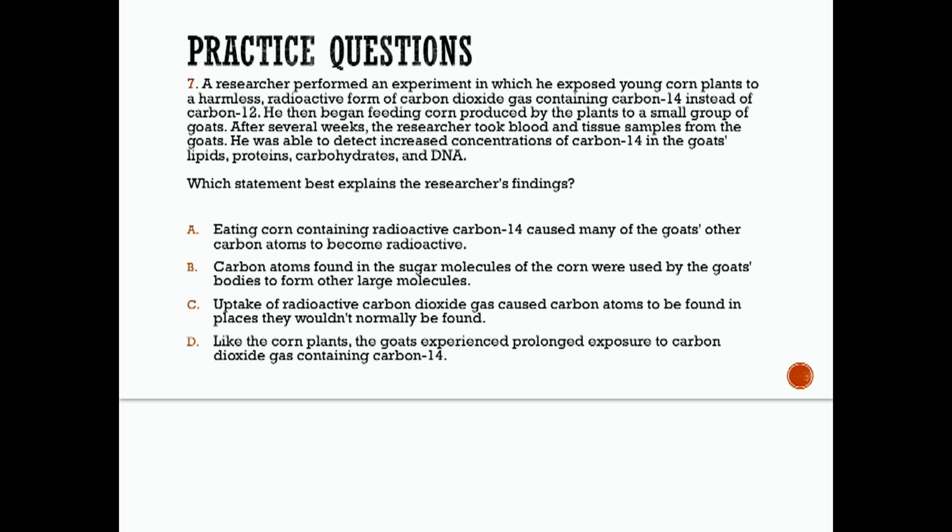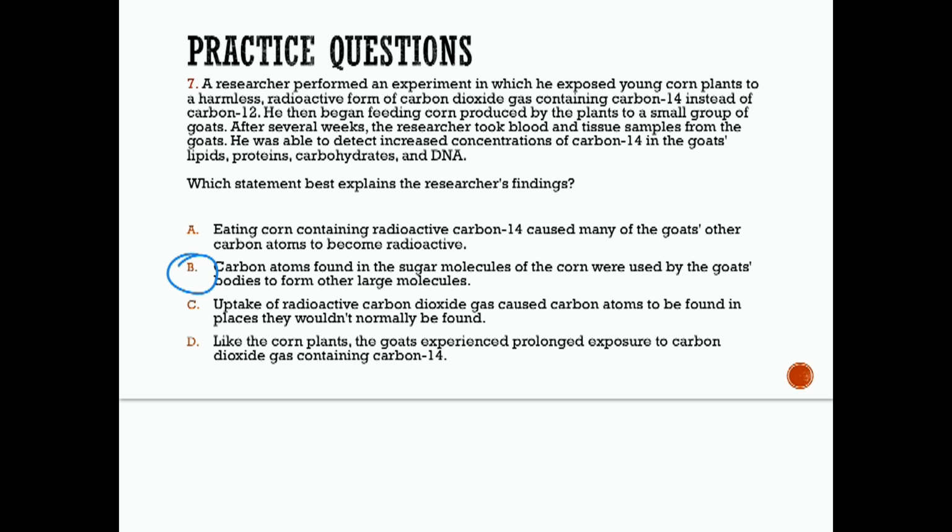Okay, so the researcher concluded that carbon atoms found in the sugar molecules of corn were used by the goats' bodies to form other large molecules. Okay, so we're going to go with B. All right, sugar molecules contain carbon, hydrogen, and oxygen atoms.